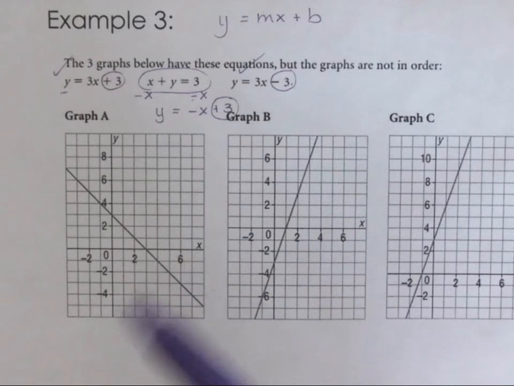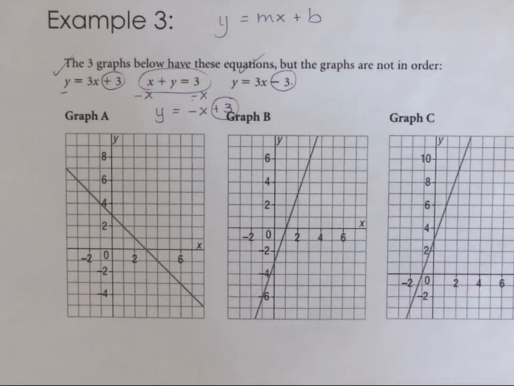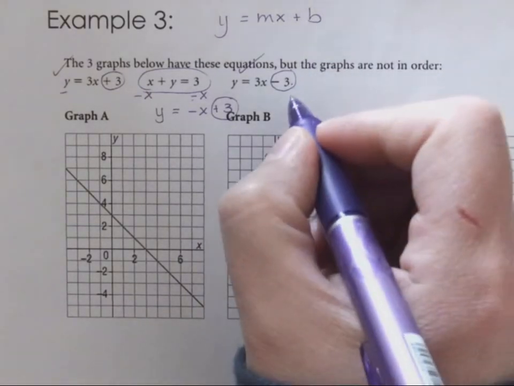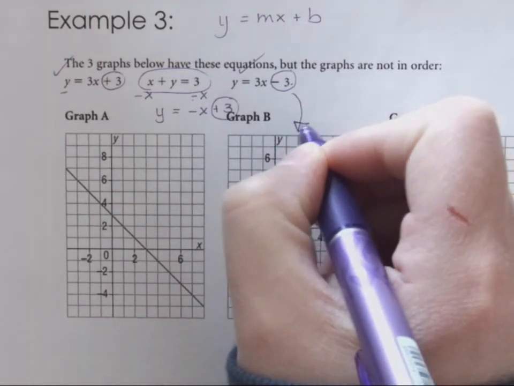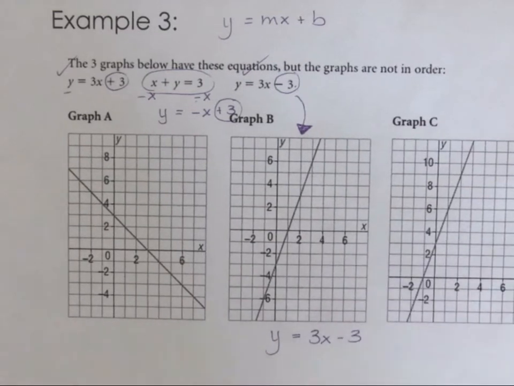So I'm going to go and I'm going to look. This one doesn't cross at -3, but this one does. This does cross at -3. I'm just going to double check this one. This one crosses at +3. So without doing any math, I know that this one matches this graph. So this is the y equals 3x minus 3. And I'm done with that one.